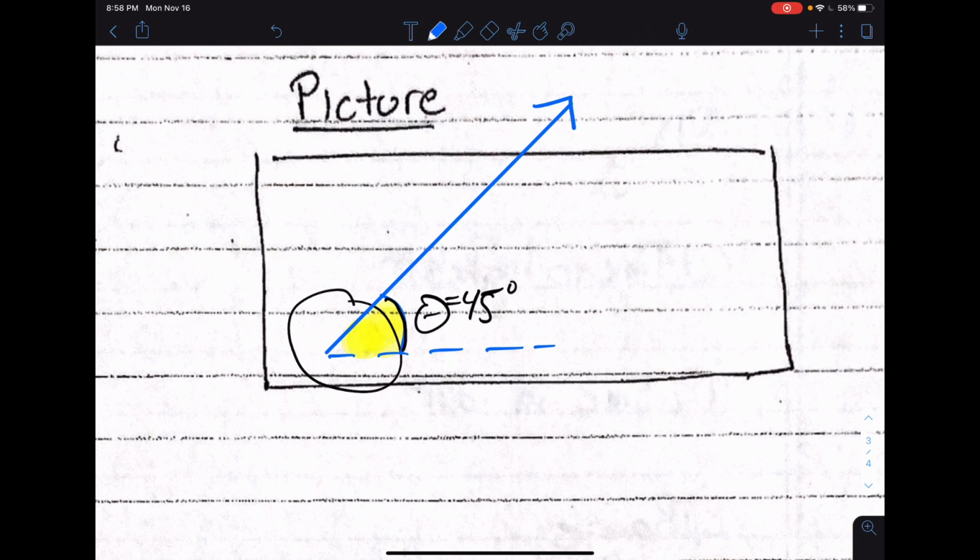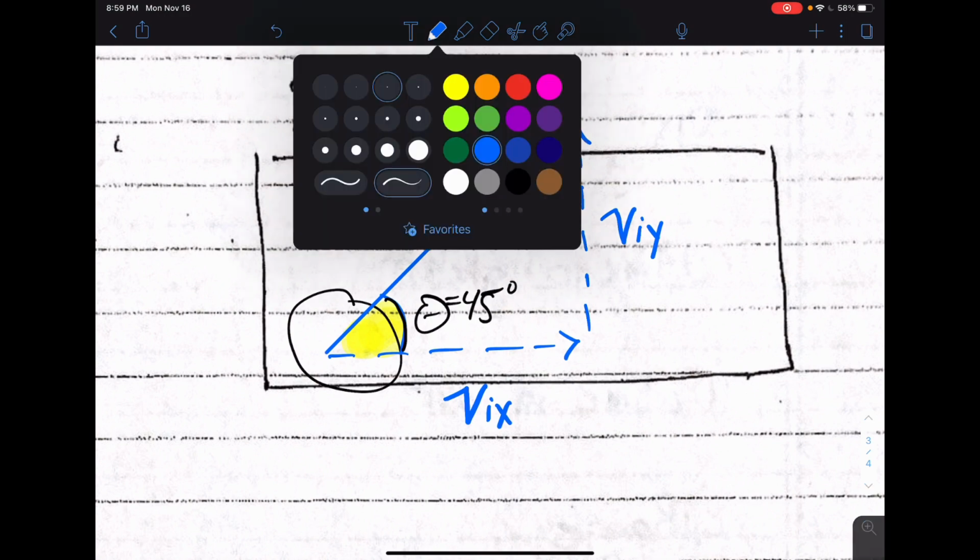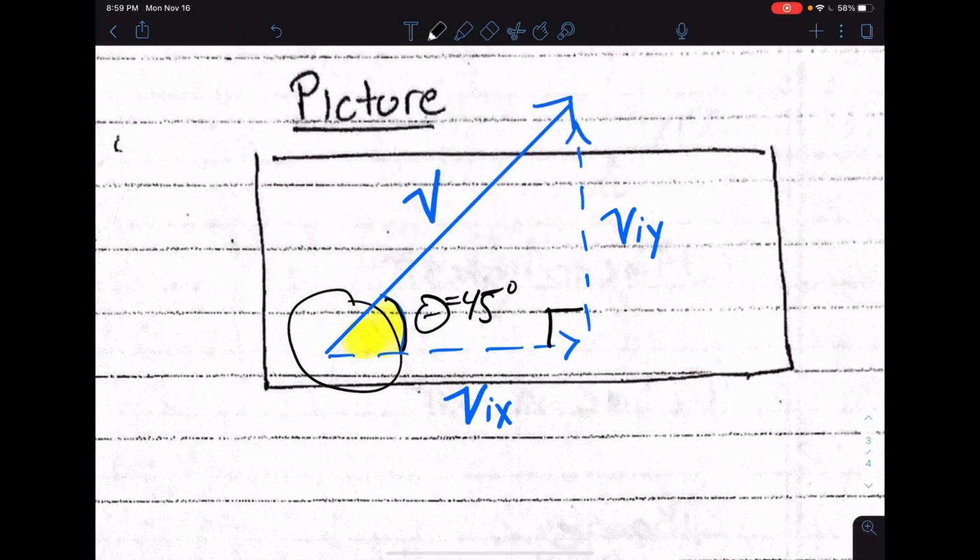So this vector goes up and right. So its components are going to be a right and an up, and I'm going to draw them head to tail. And because one is y and one is x, we know that they create a 90-degree right triangle, and that V is going to be the hypotenuse. So I'm going to make that right angle right here.